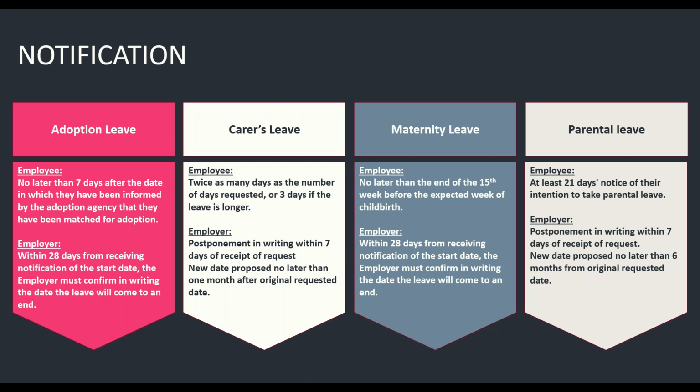But essentially, with adoption leave, you've got a defined period of time that the employee has to notify you by of their intentions to take it, and then you as the employer have so many days in order to acknowledge their notification and confirm the date the leave is going to come to an end based on the information they've given you.